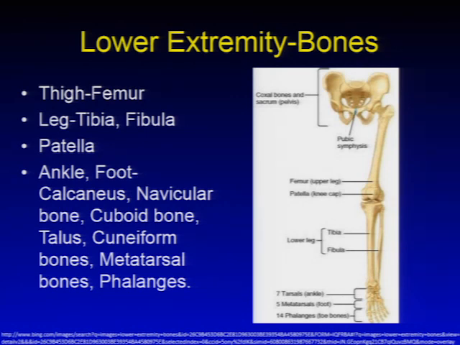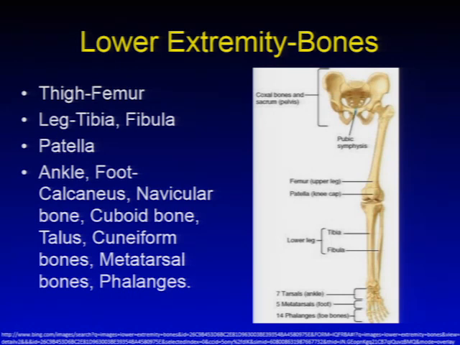Next are the blood vessels of the lower extremity. The main arterial blood vessel of the lower extremity is the femoral artery, which is a continuation of the external iliac artery.